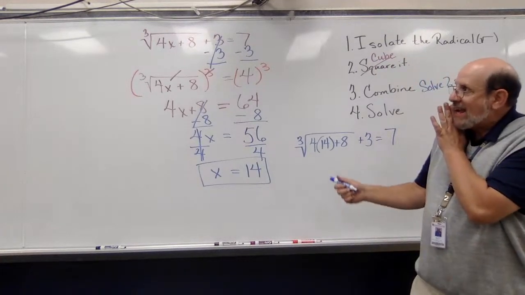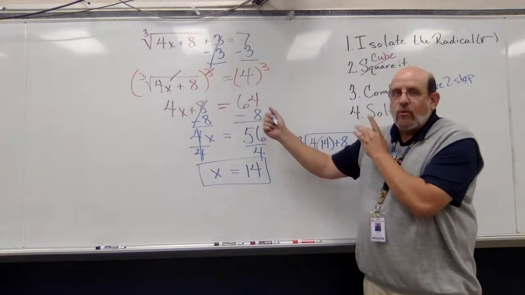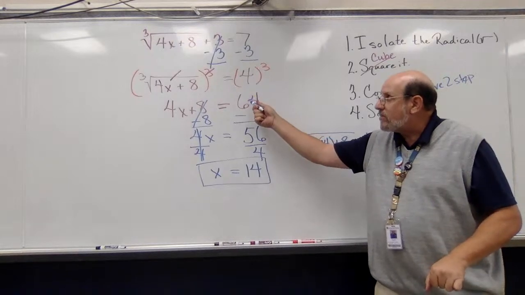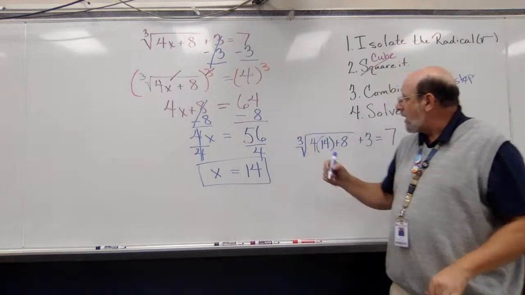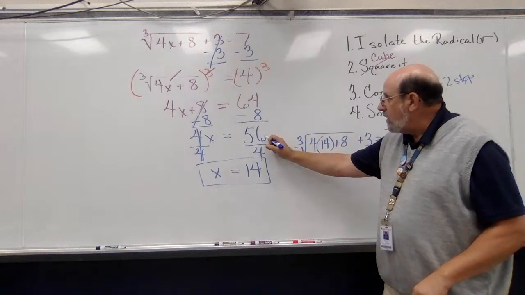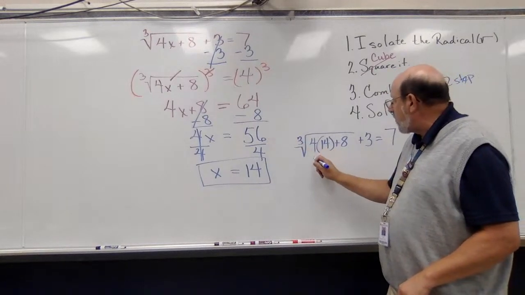Remember way back here, 64, just telling you. Don't remember this 64, how we got there. Okay, great. So 4 times 14 we know is 56 because I said it before.